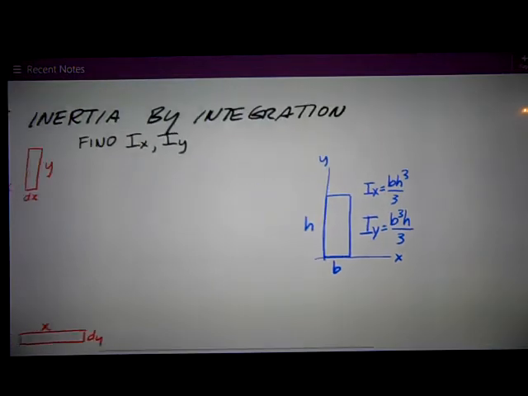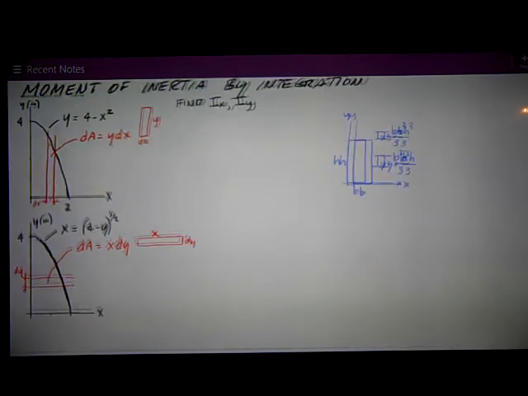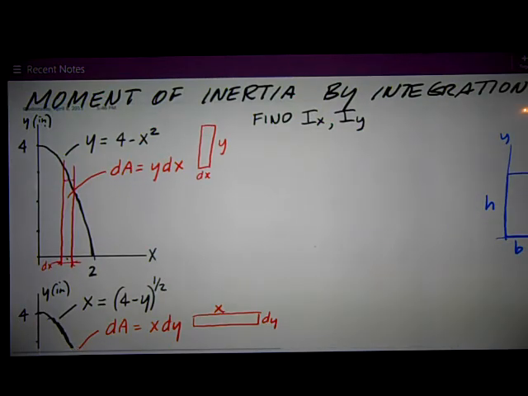So we're going to use that to simplify our analysis over here for dA by observing that it is also a rectangle with its base on the x-axis. Therefore, we're going to define dIx, the derivative of the moment of inertia with respect to the x-axis, for this very special case, as bh cubed over 3.